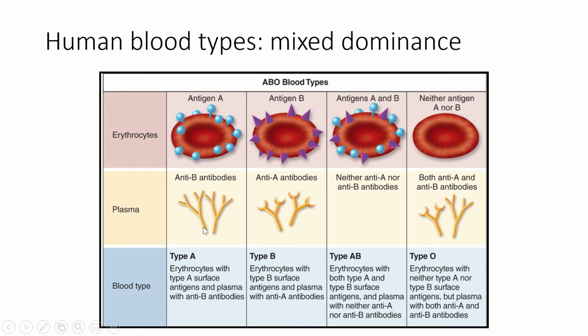One end binds to a white blood cell, and then it makes a Y shape, and the top of the Y binds to a specific antigen. Each antibody binds to a specific antigen.